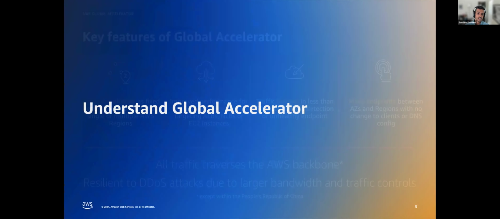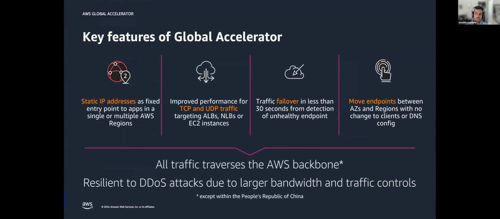So going into a little more detail on some of the features, I know that Victor mentioned some of the features already. Just to reiterate, it provides static IP addresses as a fixed entry point to applications. These can be used as a very deterministic IP address for allow listing in some firewall rules, or it removes the complexity of managing multiple IP addresses.